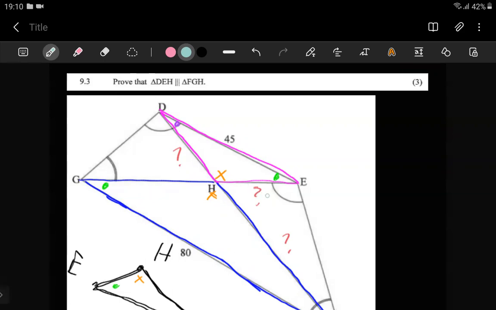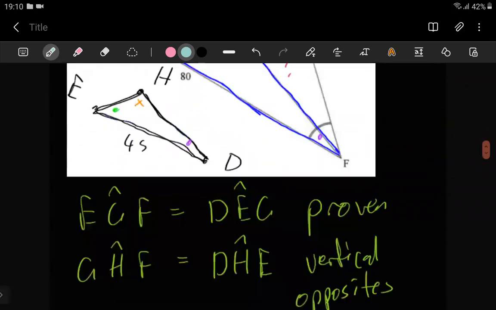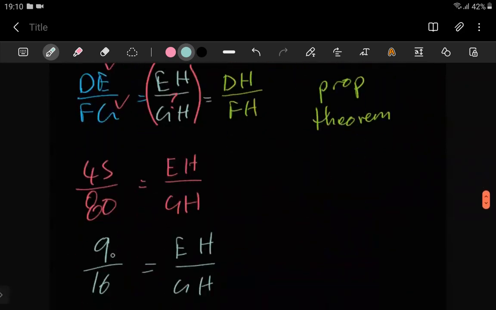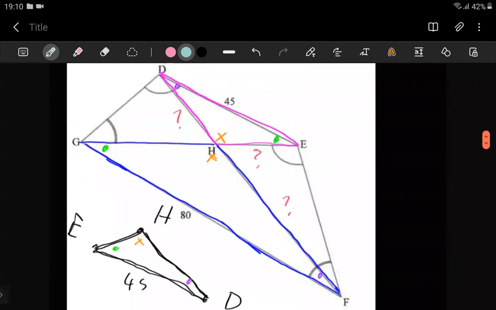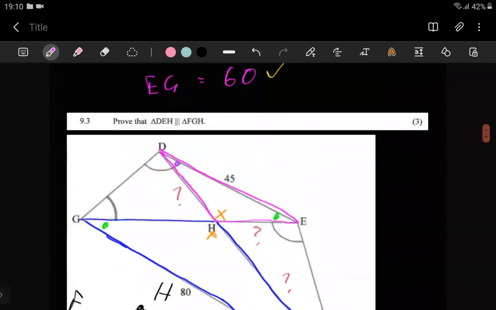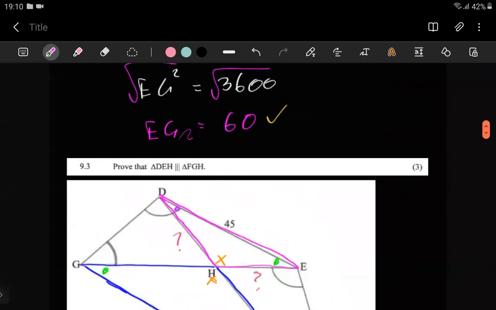The one with the smaller size and the one with the bigger size are going to have a ratio of 9/16, for all the sides, even if we don't know them. Just knowing the ratio between one set of sides automatically gives us the ratio for all the other sides. So the reason I'm saying what I'm saying now is because of the 60 that was given here. You see, this 60 here is telling us that the whole line here is 60.